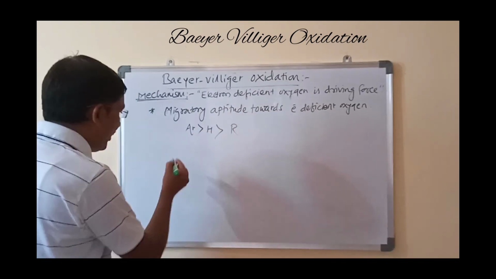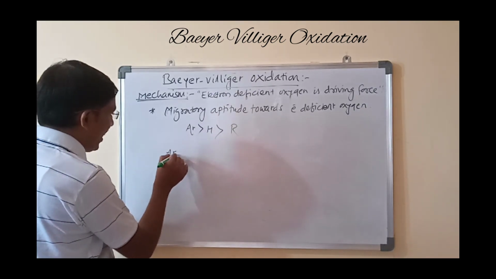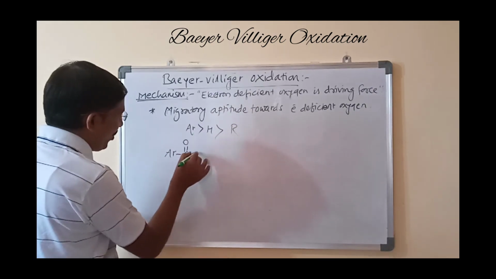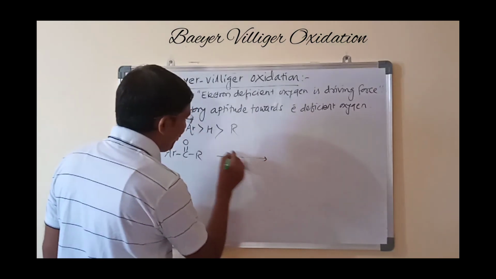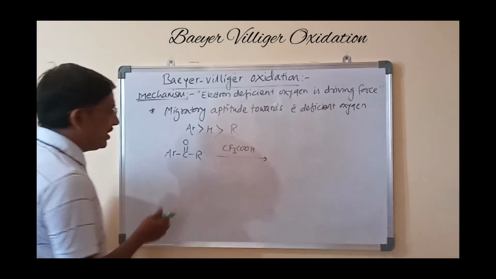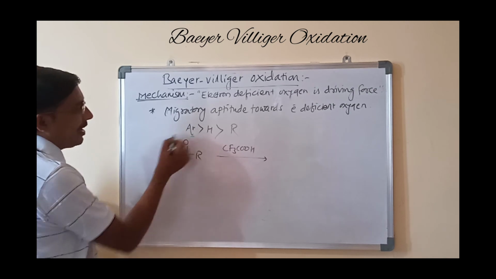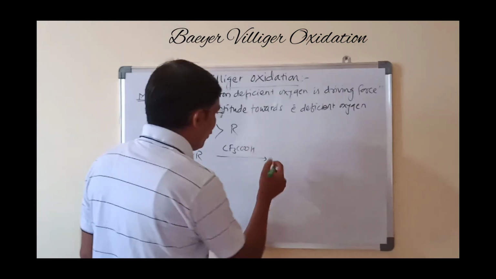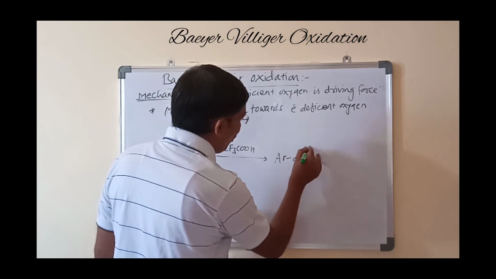It means if the compound contains such groups, suppose Ar C double bond O and here R, one is aryl and one is alkyl, in presence of that per acid, the oxygen will be inserted in between the carbon and aryl. Aryl having more preference, we will get the product as Ar O C double bond O R.